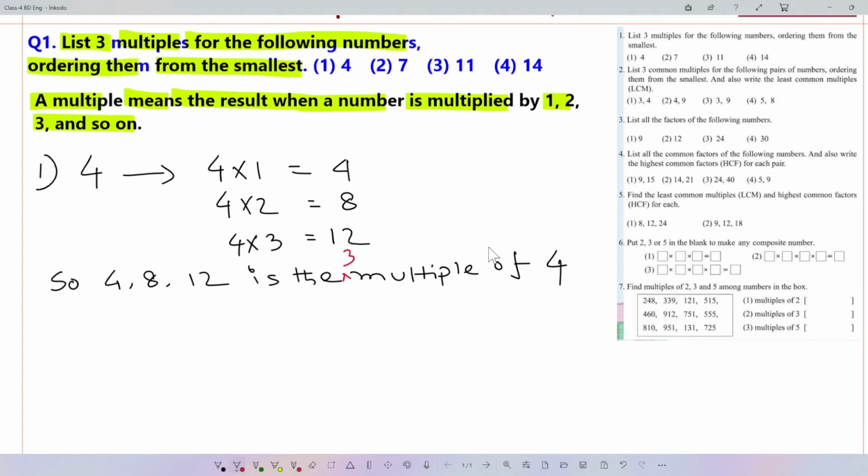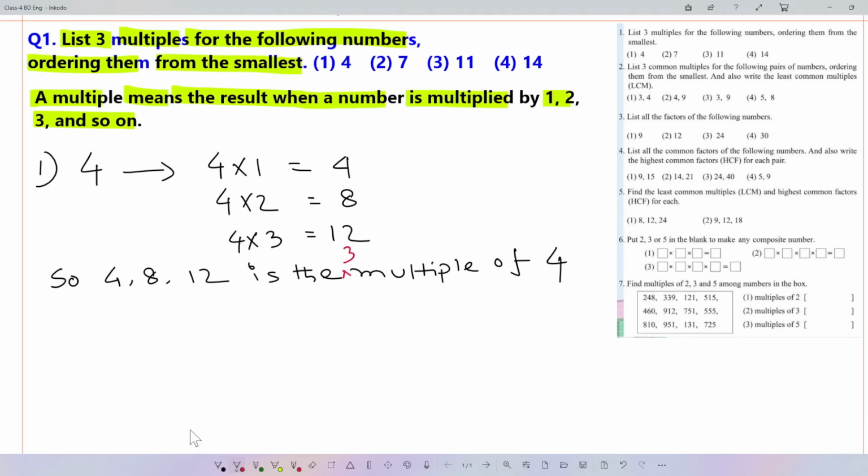Okay, now the second one, which is 7. Similar thing. 7 times 1 equals 7, 7 times 2 is 14, 7 times 3 is 21.